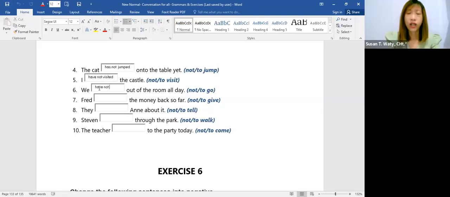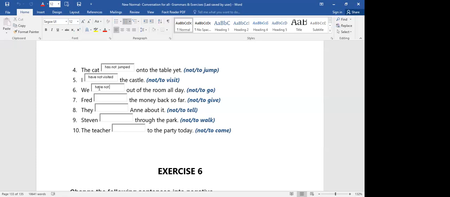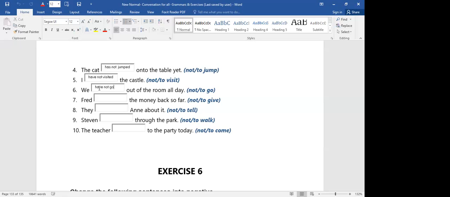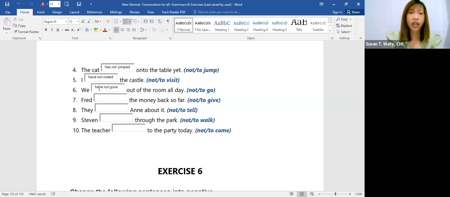Okay, so the verb to go is go, went, gone. So we have not gone out of the room all day. Kami belum keluar ruangan seharian. Perfect. Thank you, Miss Fanny.